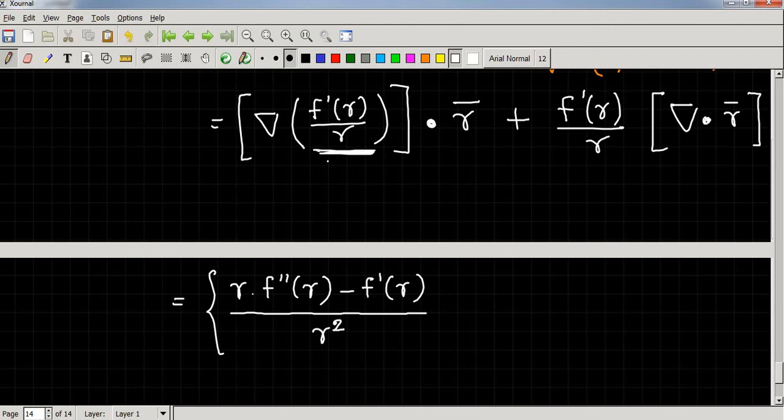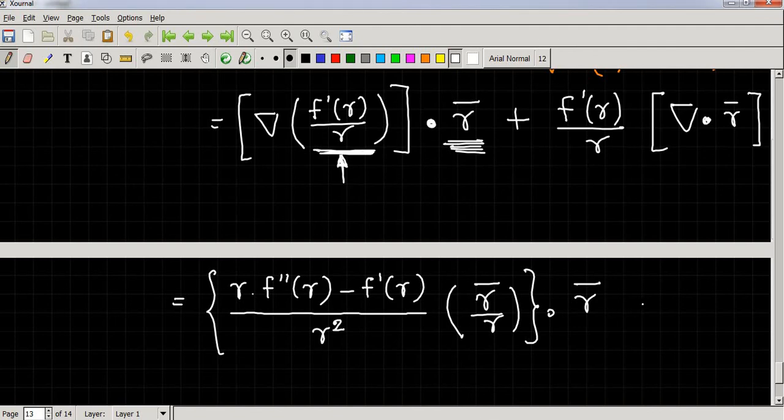So this is the derivative of this function of r into r bar upon r. This derivative is taken dot product with this vector r bar, plus, since we know that del dot r bar is equal to 3, so this is 3 times f dash of r upon r.